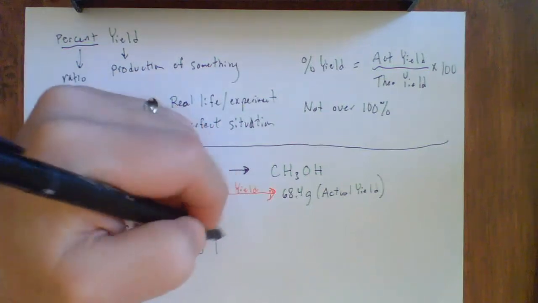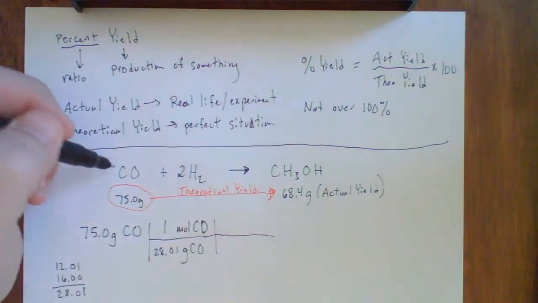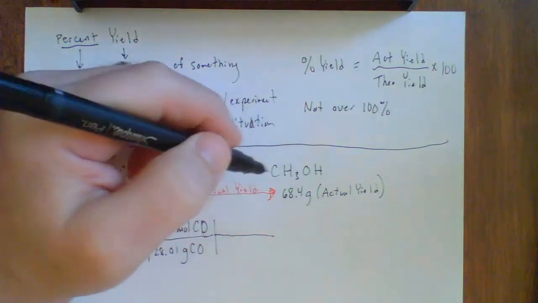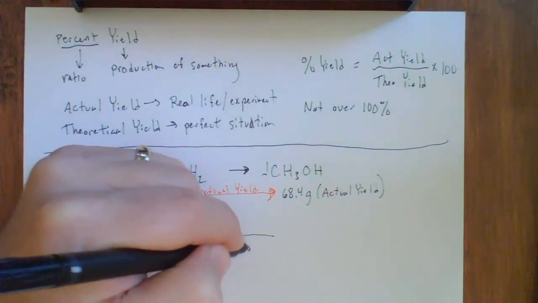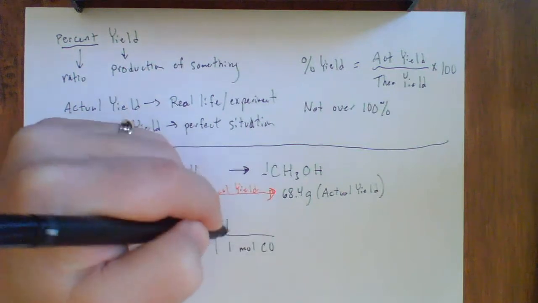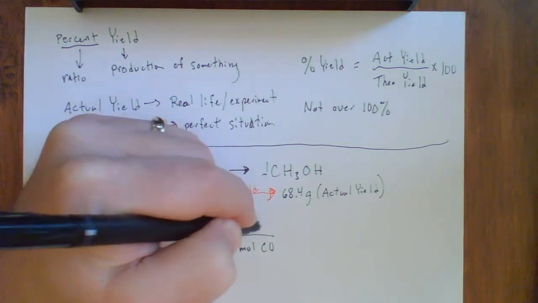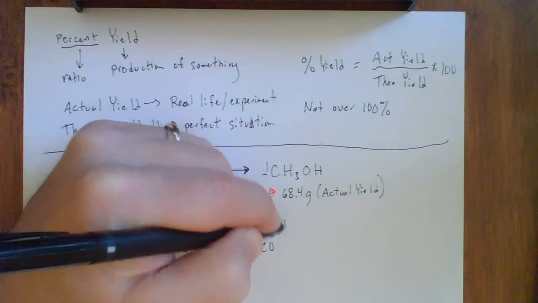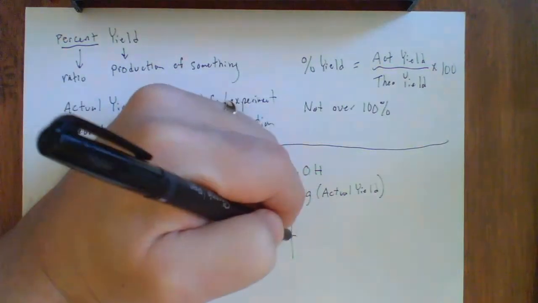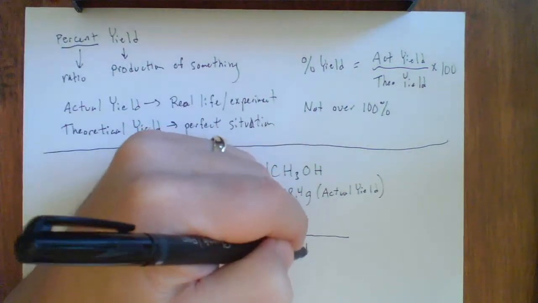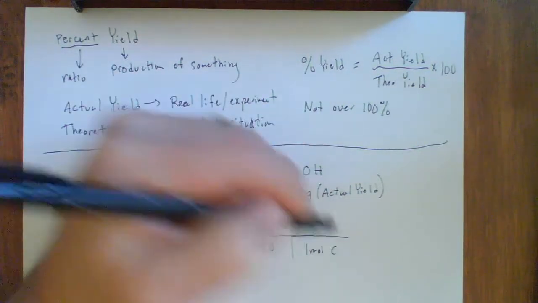Now we're going to do a mole to mole transfer. This is a 1, this is a 1, so it's an easy one. It's 1 mole of CO to 1 mole of CH3OH.